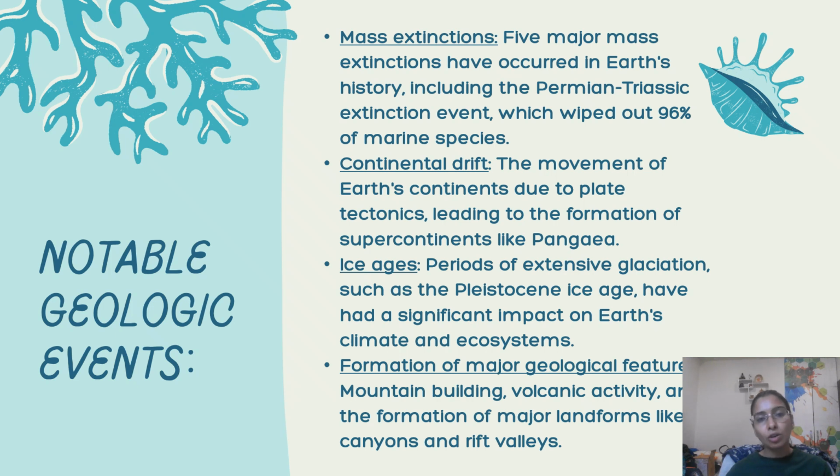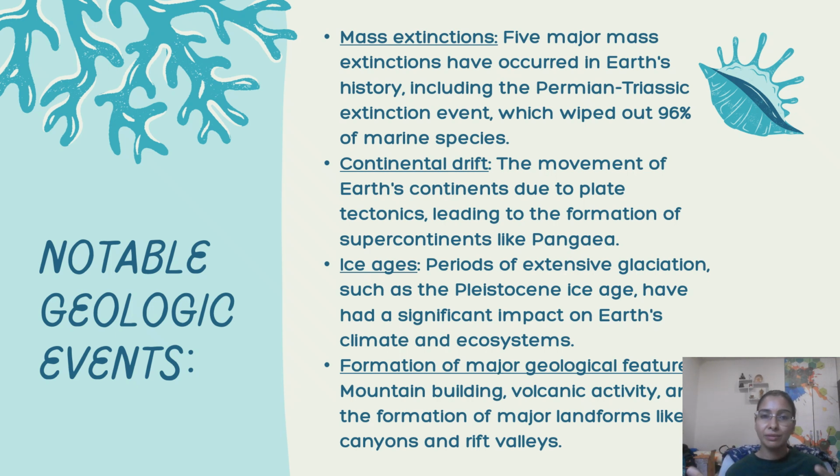Then continental drift, which we must have known, is the drift of the land mass. Because of this, there is the formation of different continents. Earlier it used to be a single land mass known as Pangea.